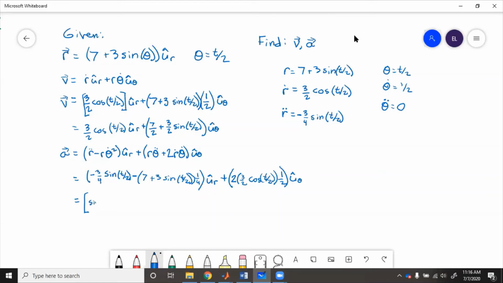We got this negative 3/4. And then also that's going to be minus, there's another 3/4 here because 1/4 times 3. So that's going to be times negative 3/2.